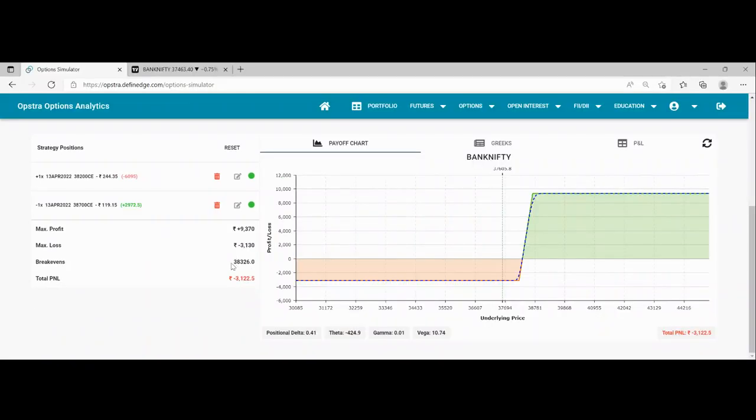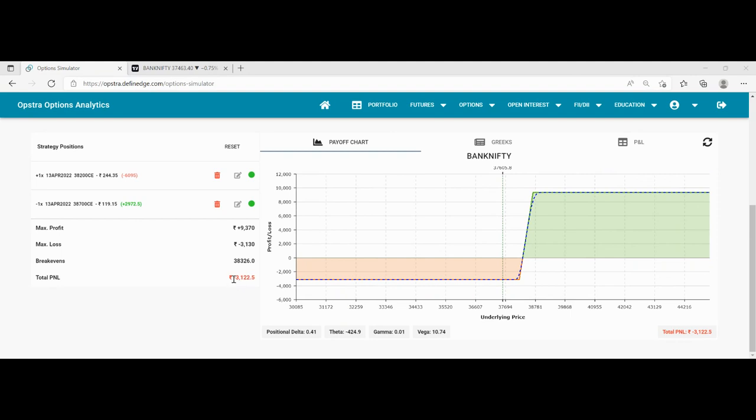To recap, the original debit spread was giving a loss of 3,122, which is almost 16% of the capital deployed for the debit spread. But by doing the adjustments, we almost mitigated the loss of 16%, and in return we got almost 1,700, which is close to 9 to 10% on the capital deployed.